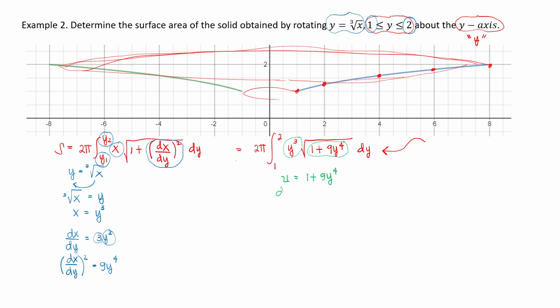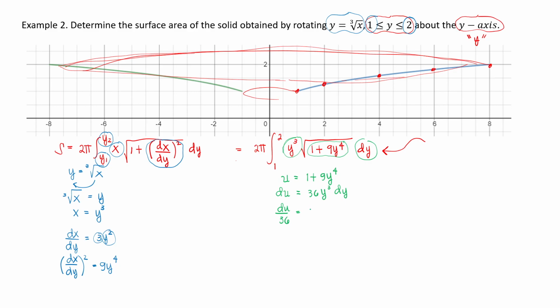Getting the derivative, that will be 36y cubed dy. Notice that I have y cubed dy in the equation, so I can isolate y cubed dy.